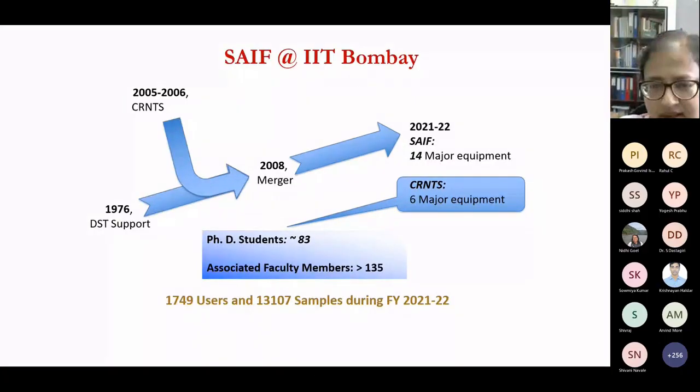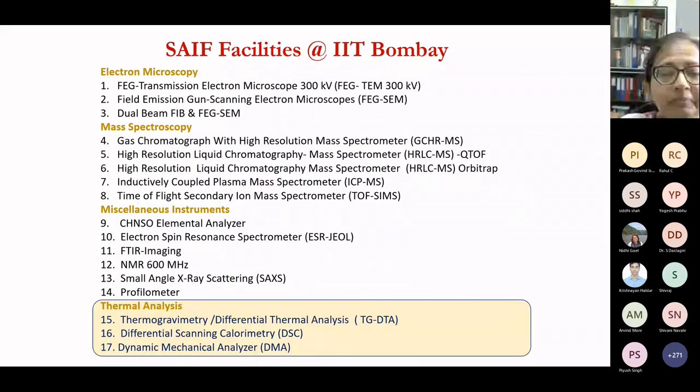Currently, we have about 83 PhD students guided by our associated faculty members, who are faculty in various departments in IIT Bombay. More than 135 faculty members are associated with SAIF CRNTS. In the last financial year, 2021-22, we had around 1,700 users and around 13,000 samples were run during the year.